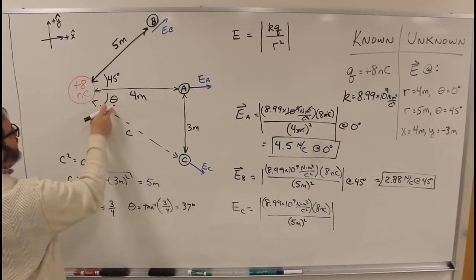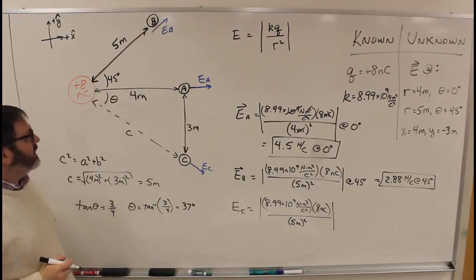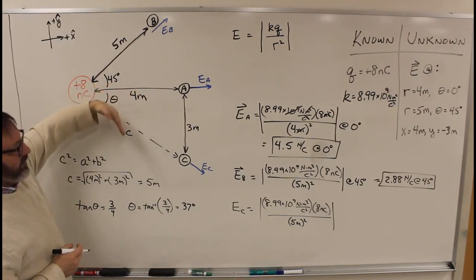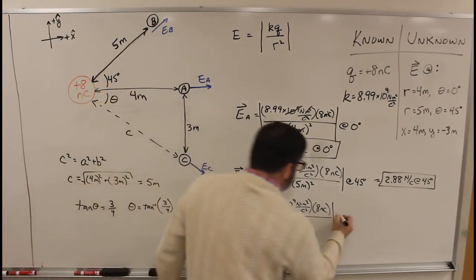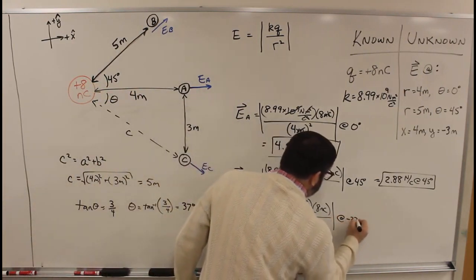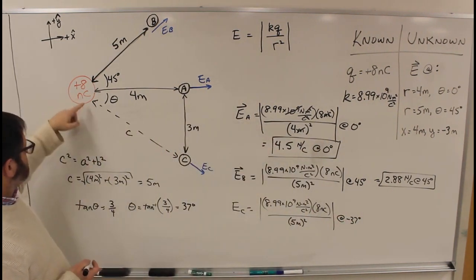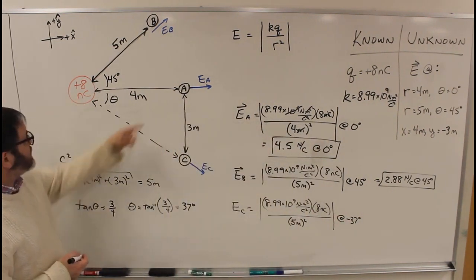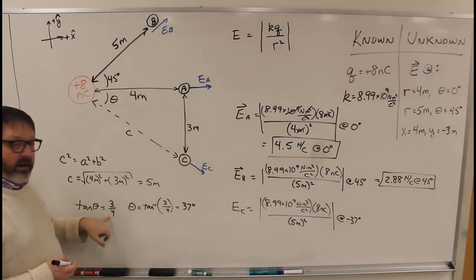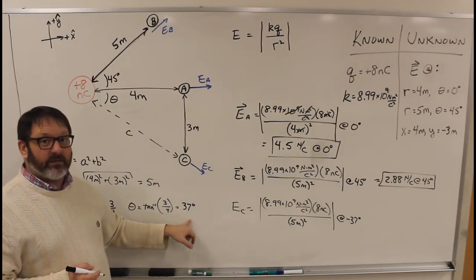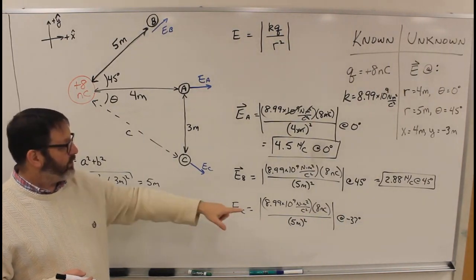So I know this theta is 37 degrees, but it's in the negative direction from 0. So it's actually at negative 37 degrees. Another way you could do it is to say that the tangent of theta is actually minus 3 over 4. And if you do that, it will give you that theta is negative 37 degrees. So you could put that in.